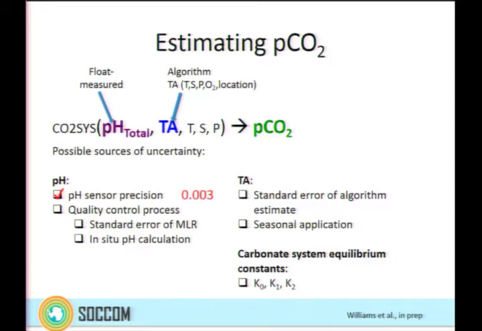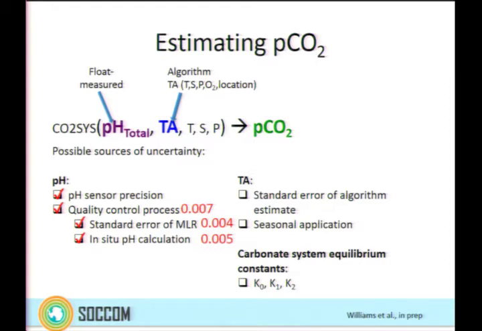So the precision of the sensor is about 0.003, and that's based on how stable the measurement is as the sensor profiles through a well-mixed surface layer where temperature and salinity are constant. And the quality control process itself introduces some uncertainty because there's uncertainty in the MLR algorithm.